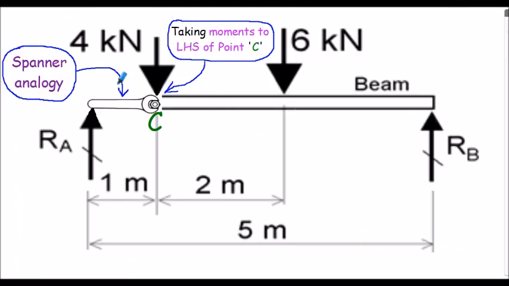If it helps, here again is the spanner analogy, considering bending moments or taking moments to the left-hand side of point C. Point C on our beam, and for the spanner analogy, that's where the nut would be positioned. So to calculate the bending moment to the left of point C, this would be the spanner position, and the force applied at the end of the spanner is the reaction RA. So RA multiplied by the perpendicular distance from C, labelled as 1 meter here, would calculate the bending moment at point C.